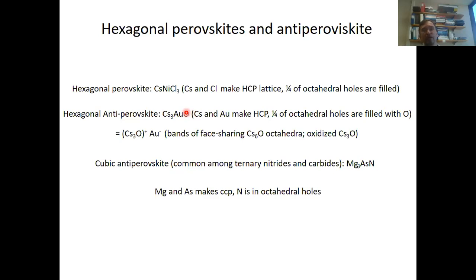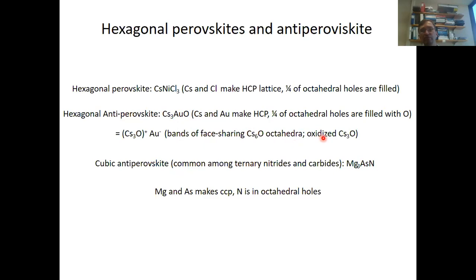When you analyze the structure of this compound, you will find that you have bands of face-sharing Cs6O octahedra.